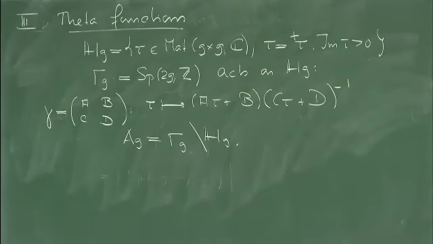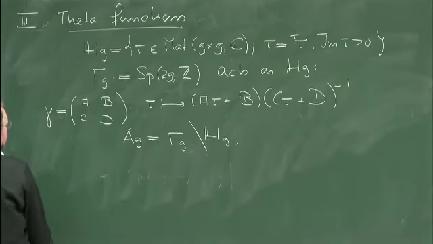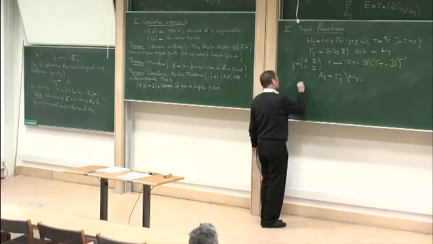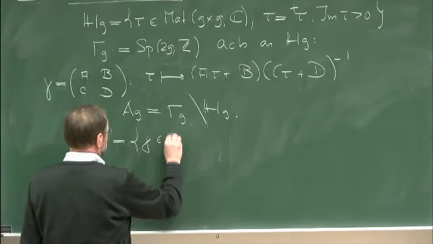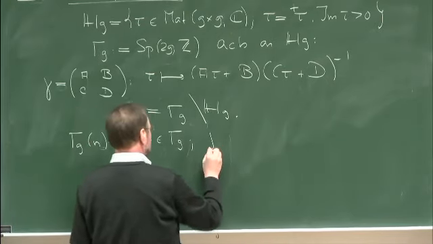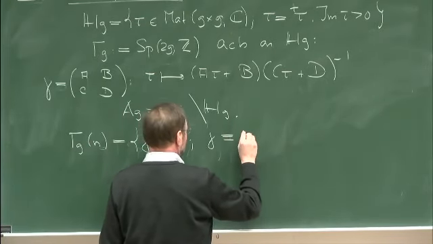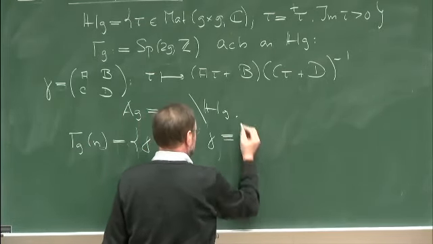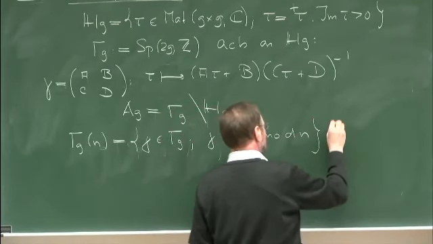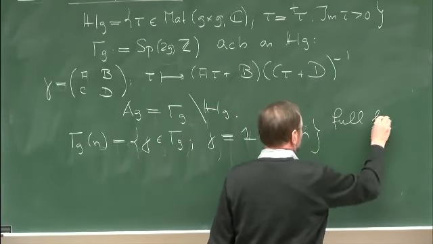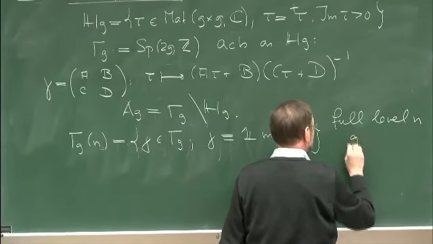And we also need some congruence subgroups. So gamma_g(n), or gamma in gamma_g, such that gamma is congruent to 0 mod n. So this is a full level n subgroup.